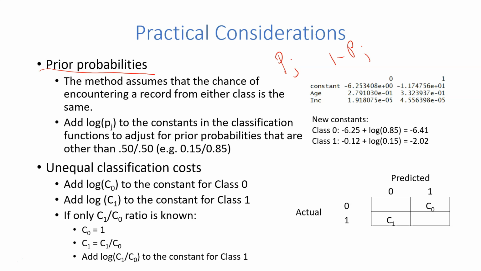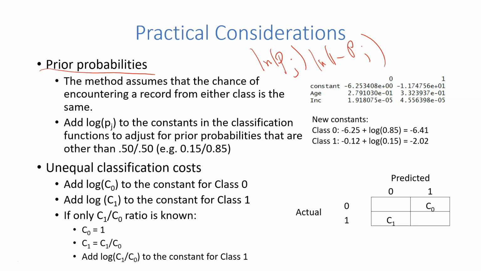We would simply add the natural log of Pj to the constant of the classification function for class J, and the natural log of 1 minus Pj to the constant of the classification function for the other class.